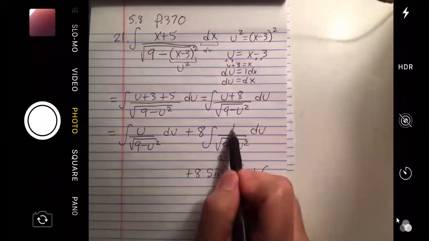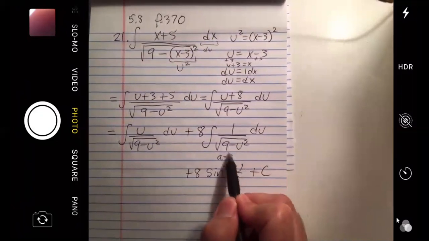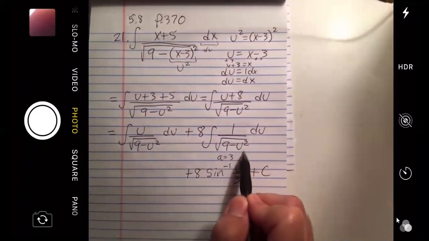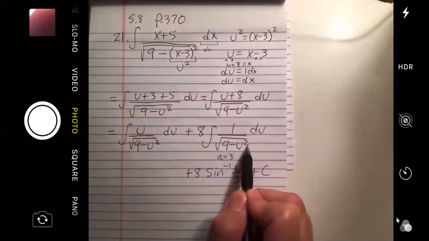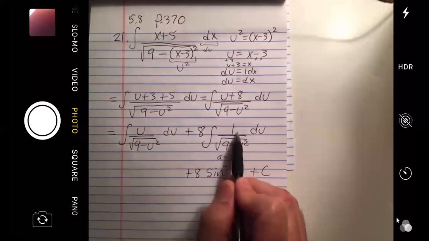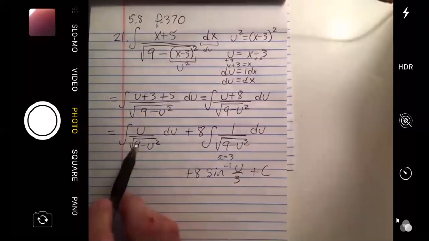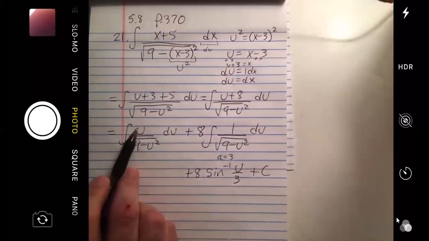So you've got the 1 there. You can't do a u du on this because if you make a quote u, your bottom's derivative is a 2u. There's no 2u here. This, with a u here, is not an arc sine.